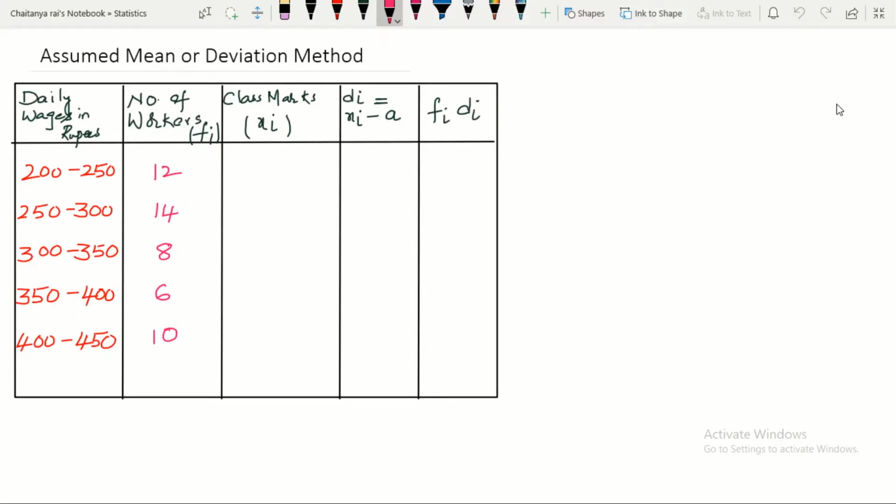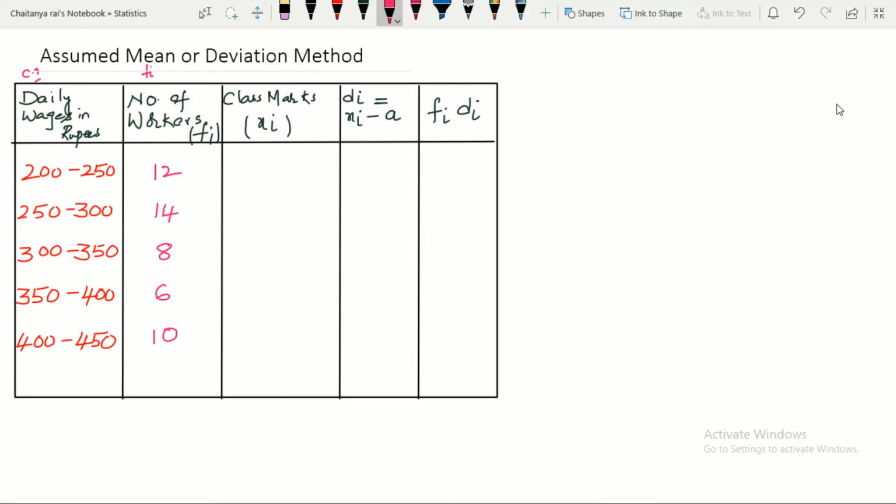As you already know, the first column is our class interval and the second is the frequency, that is Fi. Just like the previous method, here also we need to find the class marks. I think you remember how to find the class marks.